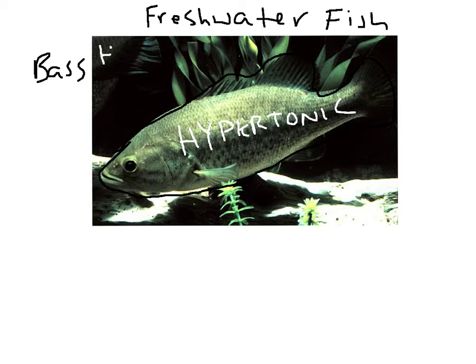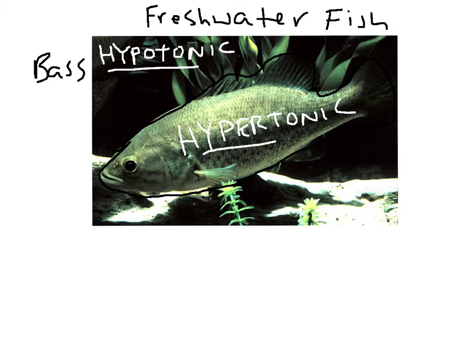So the water is hypotonic. So in a freshwater environment like Mill Creek or Willamette River or any freshwater river, the fish themselves will be hypertonic compared to the water. So water always moves to the hypertonic thing.